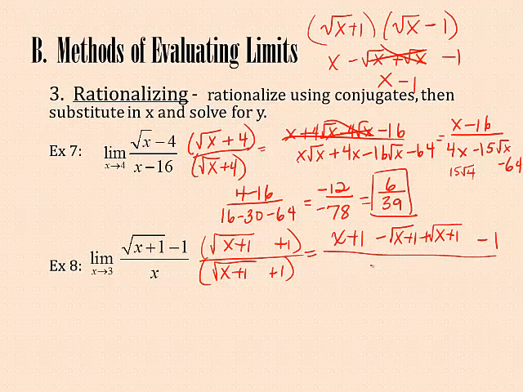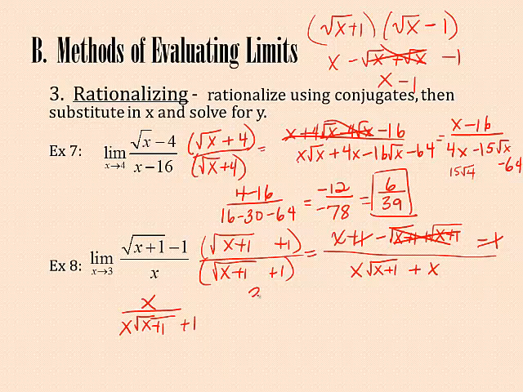All of that over x times the square root of x plus 1 plus x. Okay? Middle terms cancel. The 1 minus 1 cancels. So what I have left when I simplify is x over x times the square root of x plus 1 plus 1. Now I'm ready to substitute.